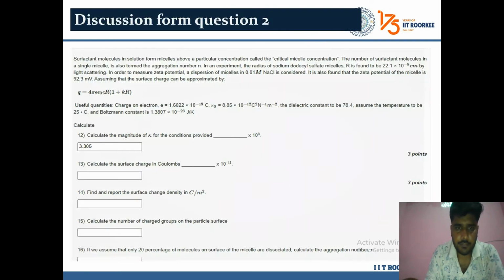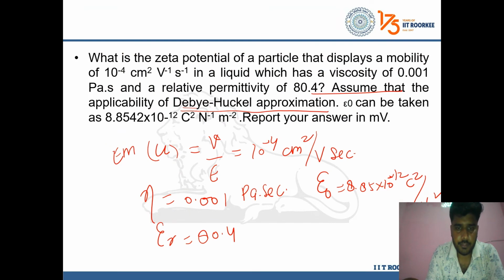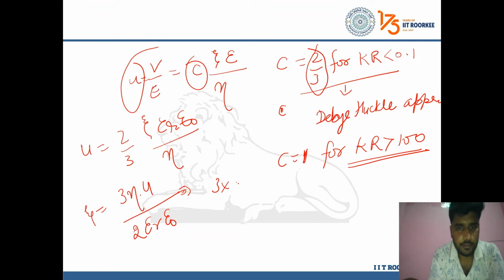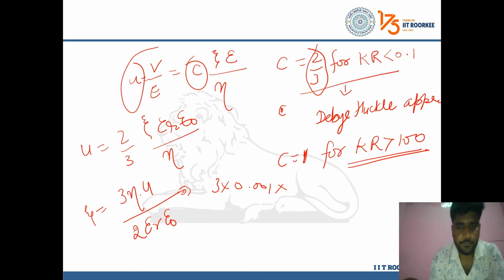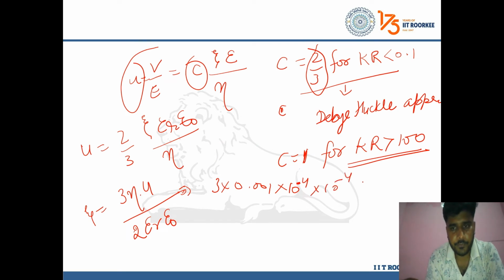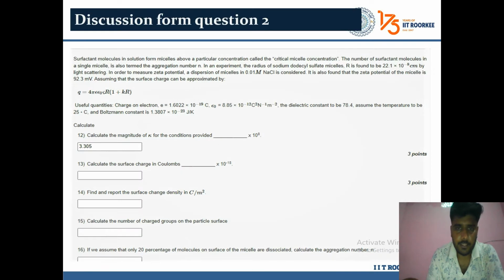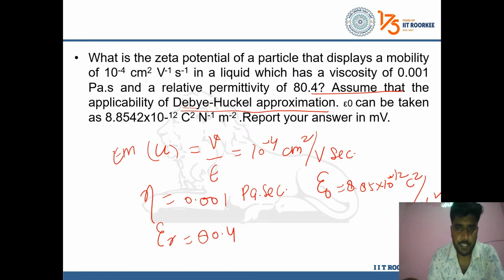The viscosity value you are given is 0.001, and the electrophoretic mobility is 10 raised to minus 4 centimeter square. You have to convert it into meter, that will be 10 raised to minus 4 meter square per volt second.